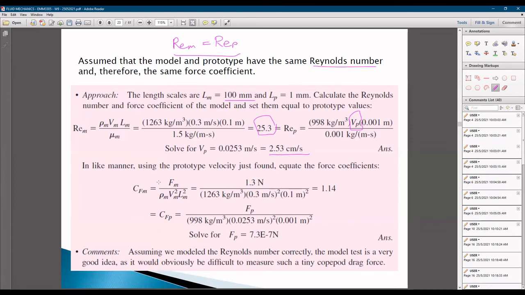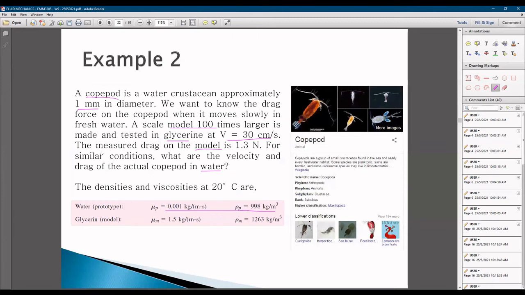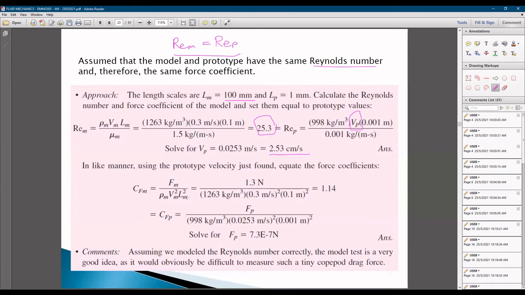So we can do the same approach to measure the drag on this particular creature. From what we have found in this problem, the drag is 1.3 Newton.